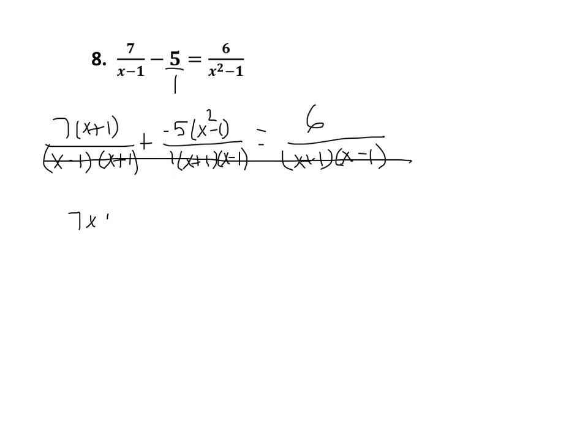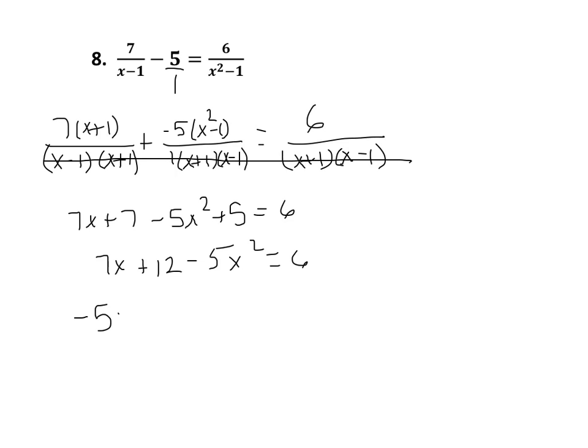So I get 7x plus 7 minus 5x squared plus 5 equals 6. If I simplify this side, I get 7x plus 12 minus 5x squared equals 6. I'm going to rewrite this. Negative 5x squared plus 7x plus 12 equals 6.